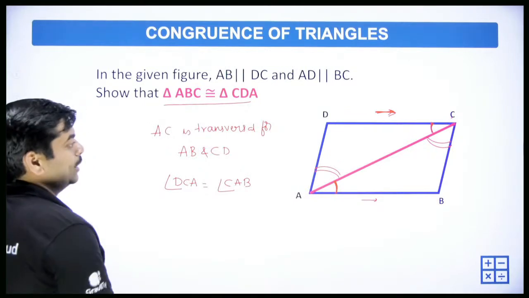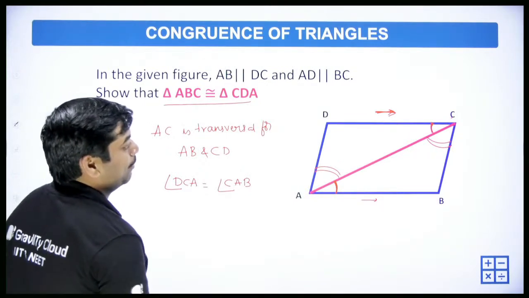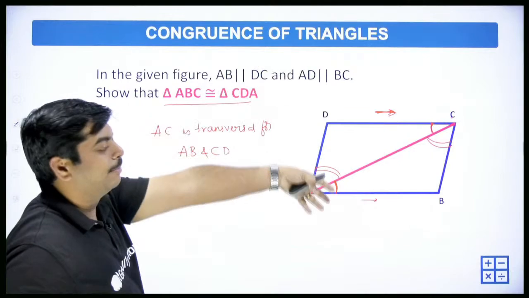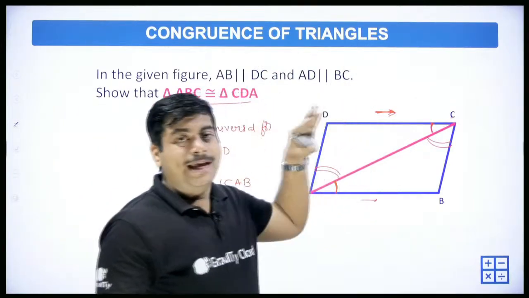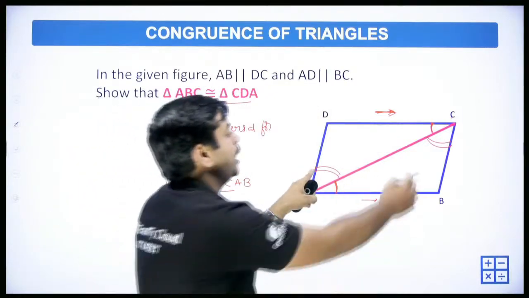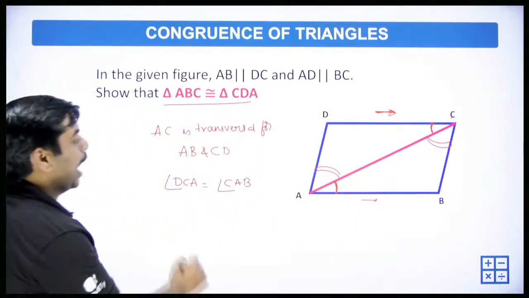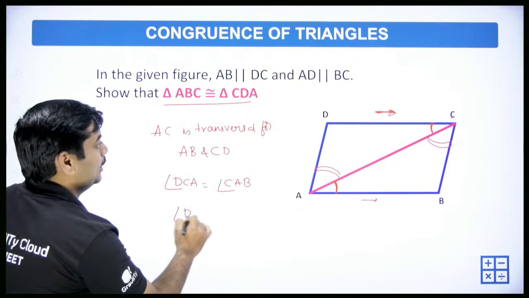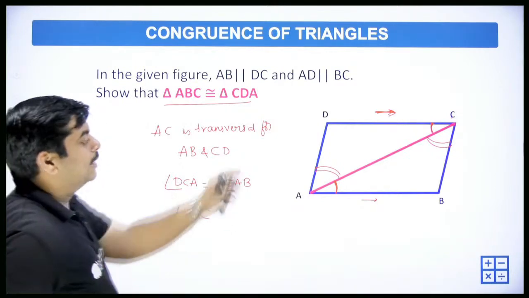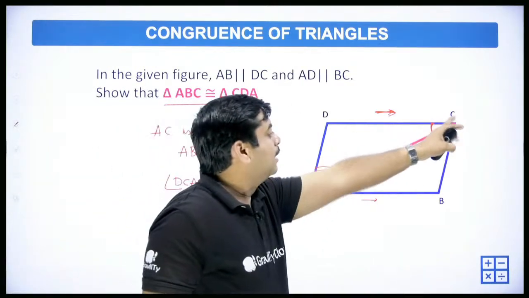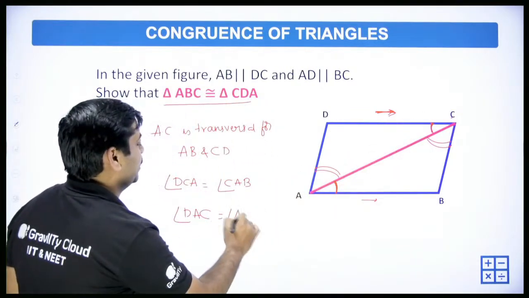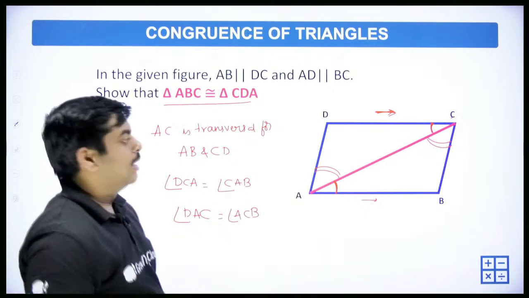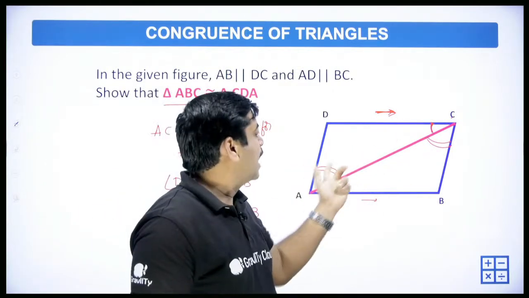Once again, because AD and CB are also parallel, using the same transversal condition we can say that these two angles are equal. Which two angles? Angle DAC and angle ACB.